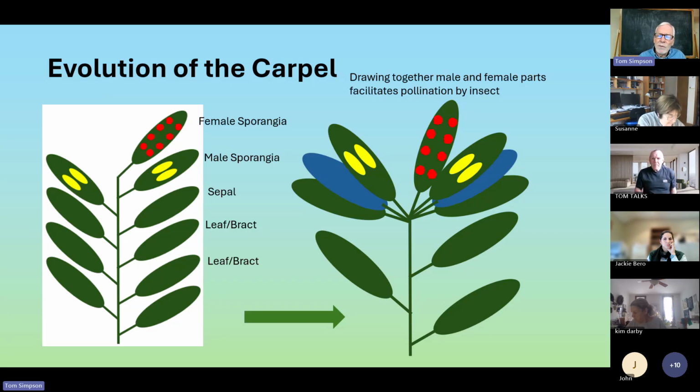When they go from one to another, they carry them from one to another. So when you draw the parts together into a head, this primitive flower, and you put the male and female parts close together, you increase the likelihood that any animal visiting that plant will touch both male and female parts and therefore affect that movement of the male pollen grain to the fertile female leaf.